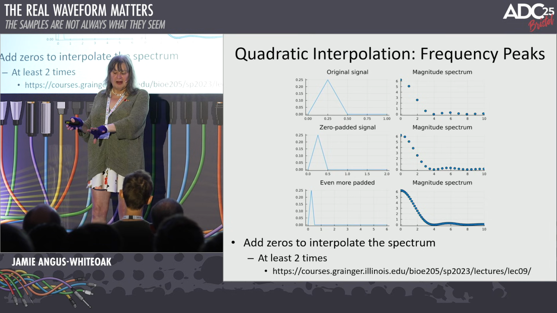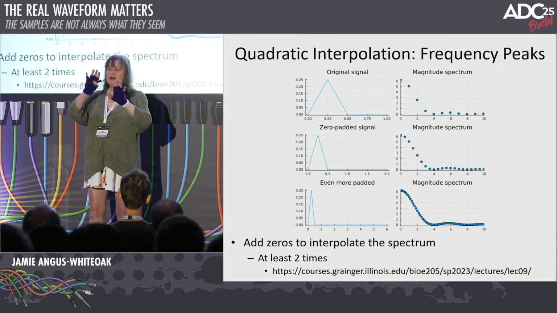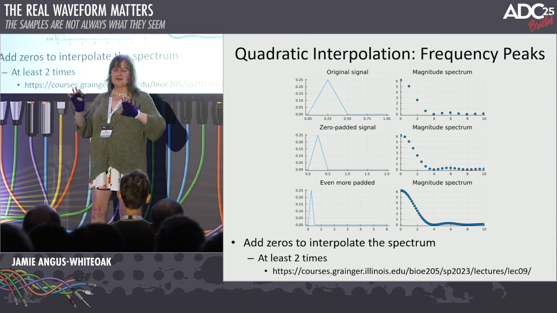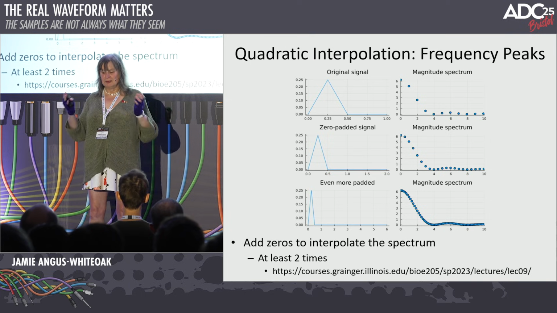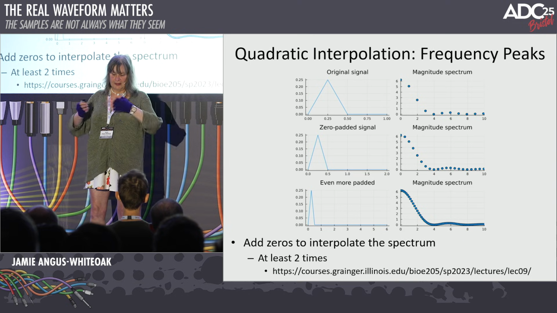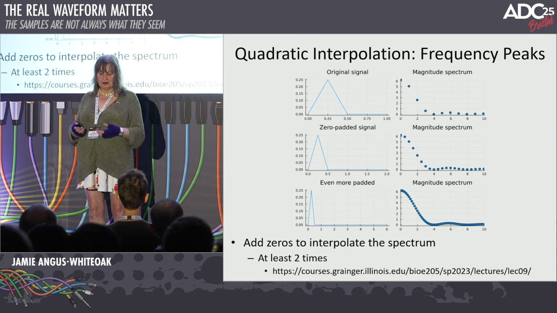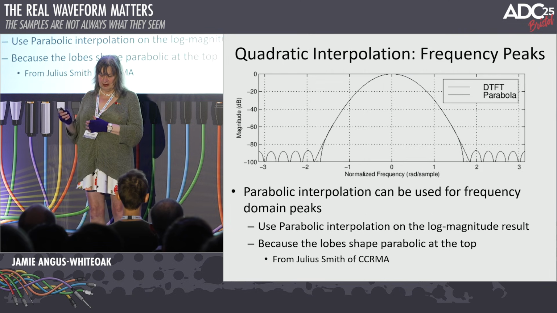The way it's shown there works for magnitude only. If you were worried about the phase, then you'd need to put the zeros symmetrically on either side of the window before you did your Fourier transform. But it's a quick and easy trick to get a better quadratic interpolation in the frequency domain for frequency peaks.